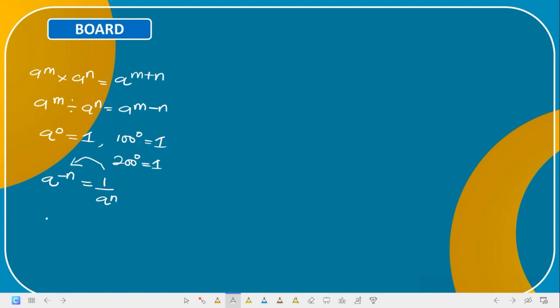That is to say, if you have 1 all over a to the power of n, this can also be written as a to the power of minus n. So if I give you something like 2 to the power of minus 1, what do you think it will be? It will be 1 all over 2 raised to the power of 1. So these are the laws of indices.